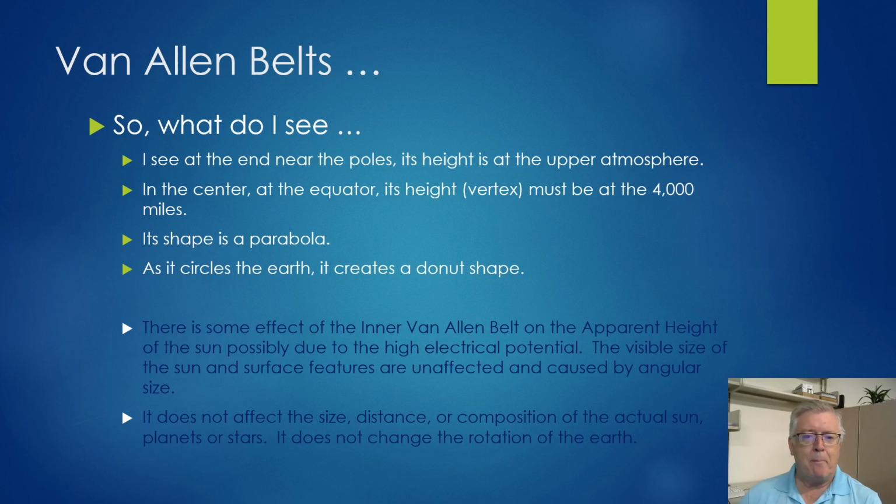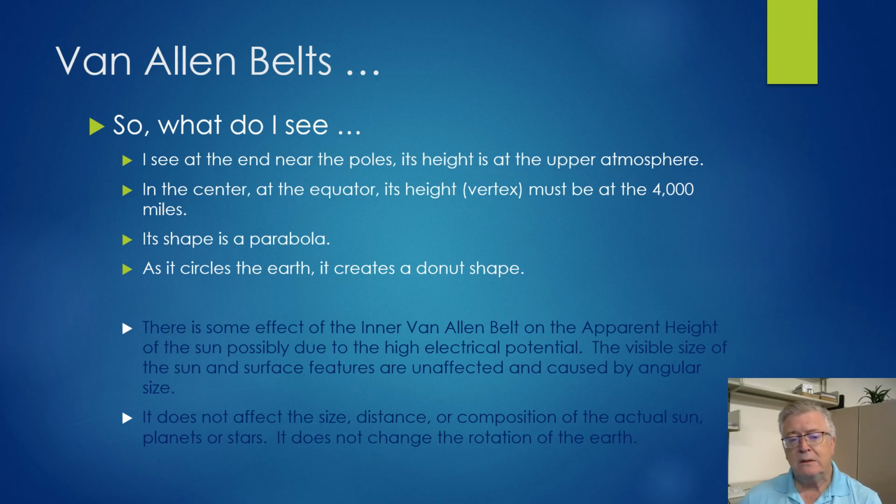There is some effect of the inner Van Allen belt on the apparent height of the sun, possibly due to the high electrical potential in the Van Allen belt. The visible size of the sun and surface features are unaffected and are caused by angular size. So you're still going to see the sunspots and flares and corona, all those things, because they're all affected the same way.